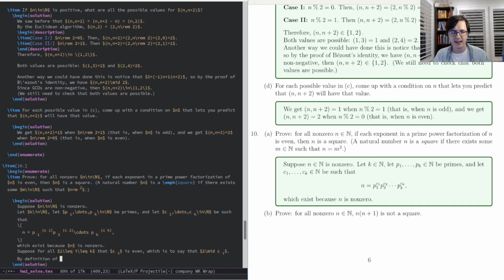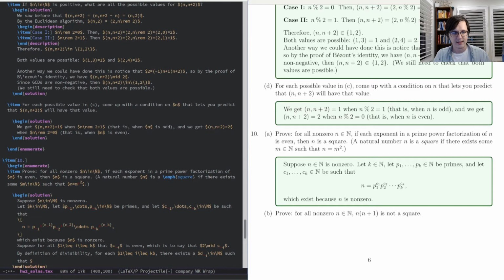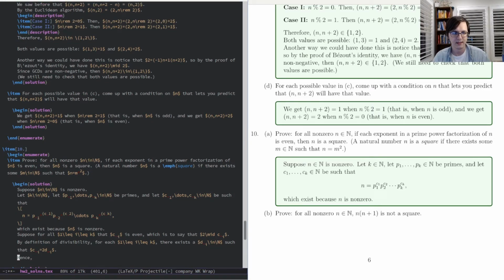By definition of divisibility, for each of these i, there exists a di. Everything's positive, so we can assume it's a natural number, such that Ci equals 2di. Okay. Hence, we can substitute those in.